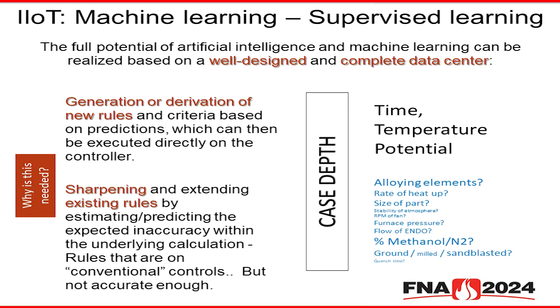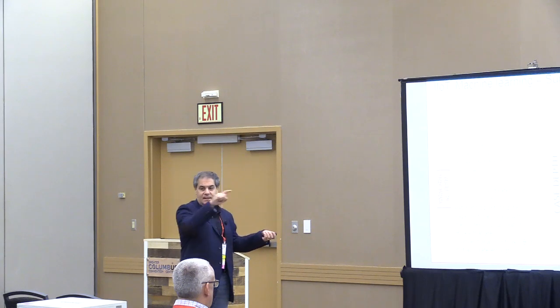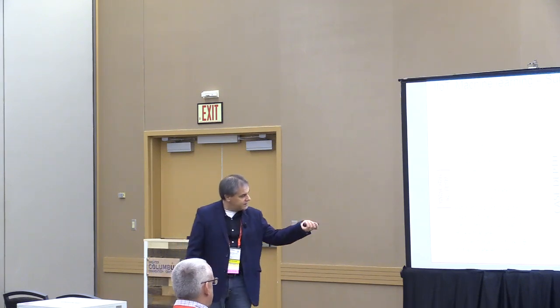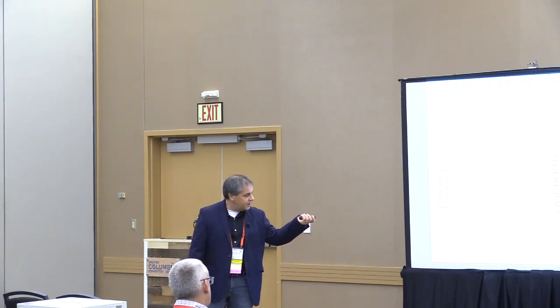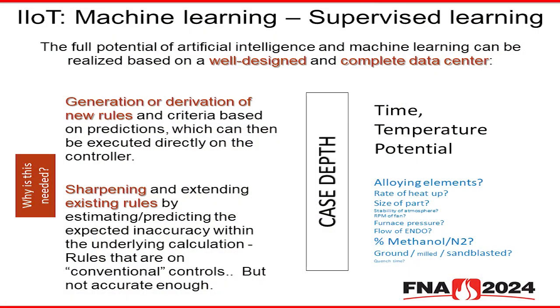We're going to be able to take those rules, analyze them again, put them back in our original data, and see how that K-step predicts. We're fine-tuning this K-step by seeing that, yes, time, temperature, potential are heavy influences, but RPM of the fan is not. We could see that quench time didn't have an effect on K-step, and stability of the atmosphere did not.